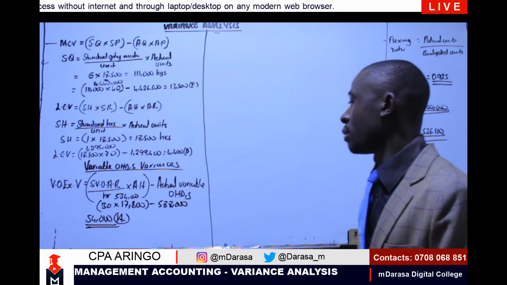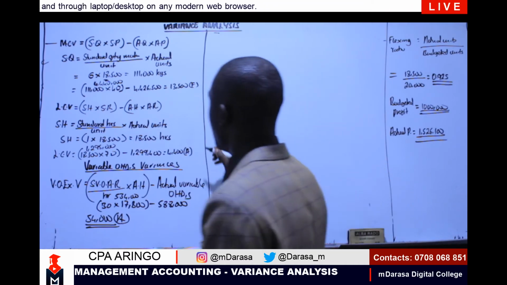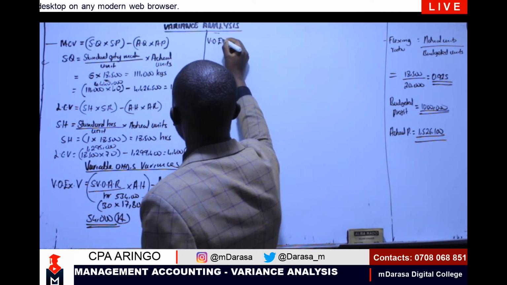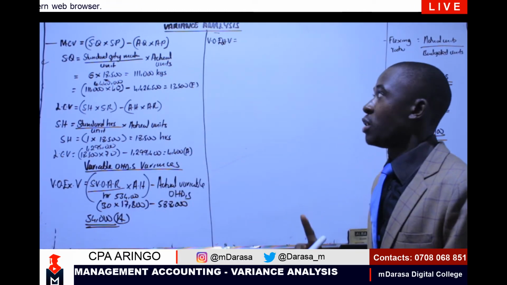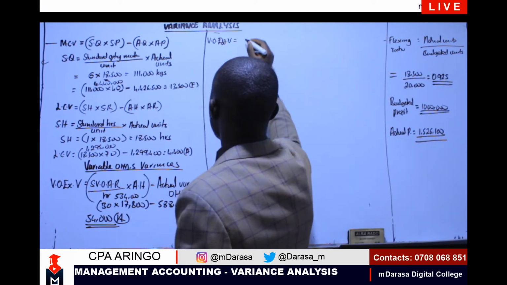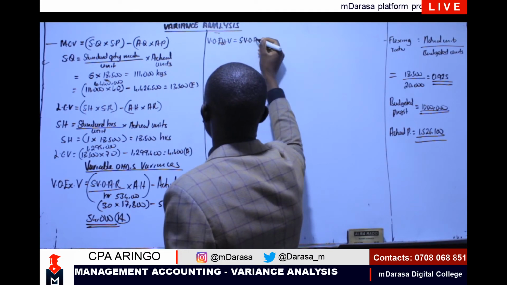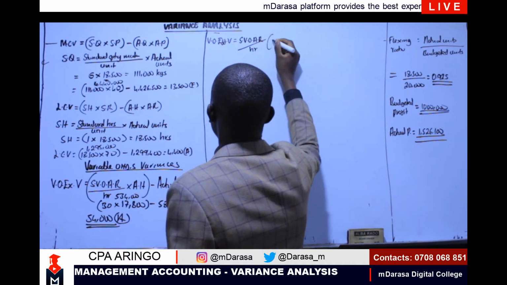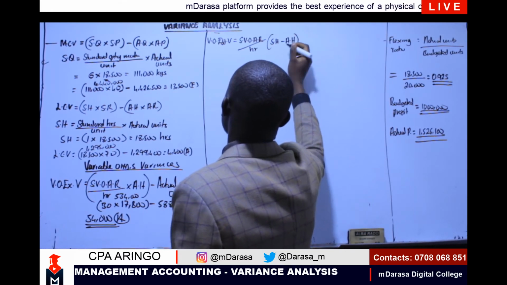Now, after we are done with that case, the other variance that I need to compute is variable overhead efficiency variance, which you know very well. I'll be looking at this by taking my standard variable overhead absorption rate per hour into our standard hours less our actual hours.